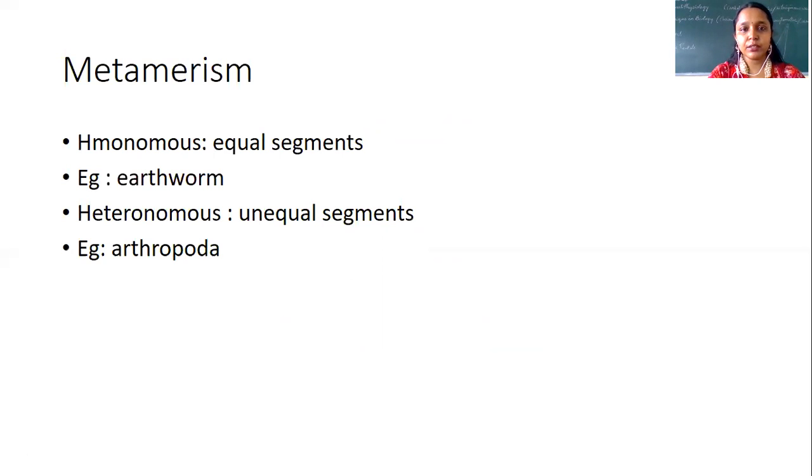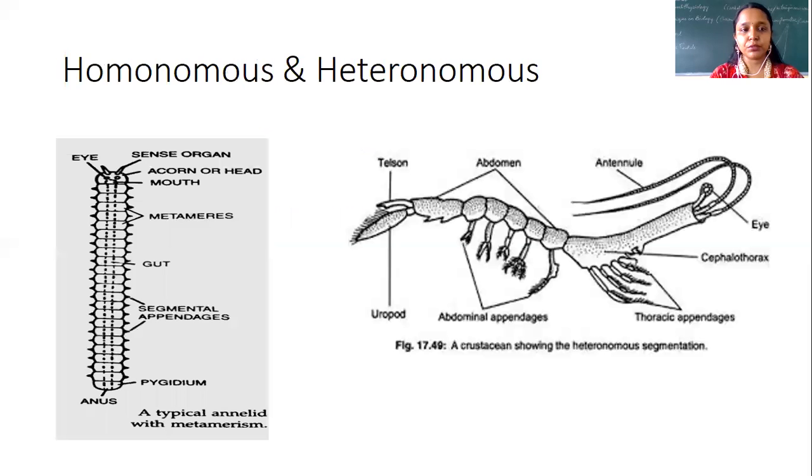Homonomous metamerism, in which the individual will have equal metameric segments, whereas in heteronomous metamerism, the individuals will have unequal segments. Examples are the earthworm and the arthropod, respectively, for homonomous and heteronomous metamerism.